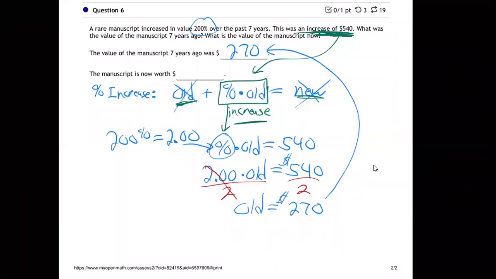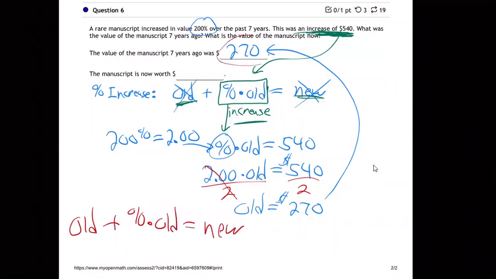I'll say the old plus a percentage times the old equals the new.